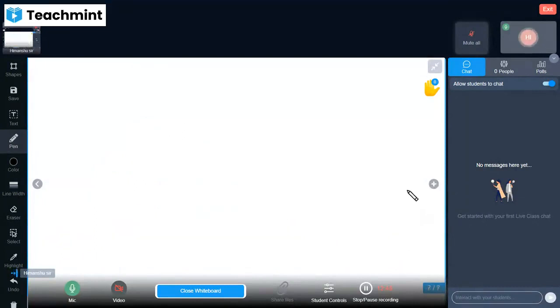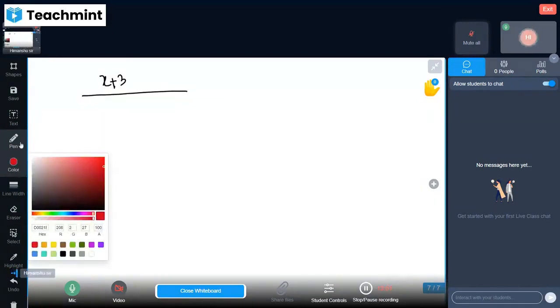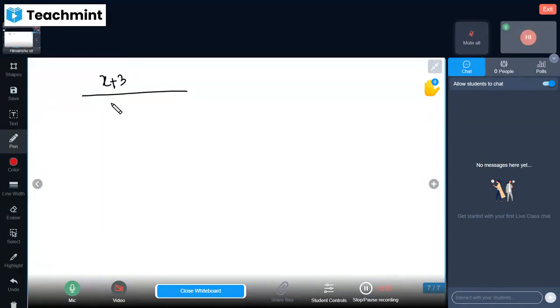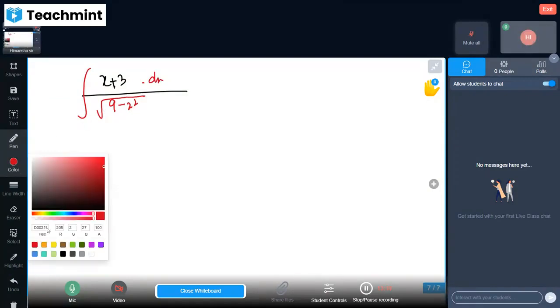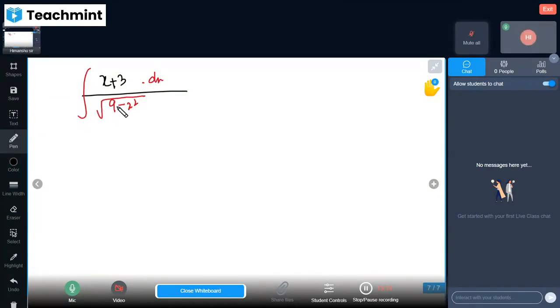Okay, let's do another form. Here it is x plus 3 upon root of 9 minus x square, dx.